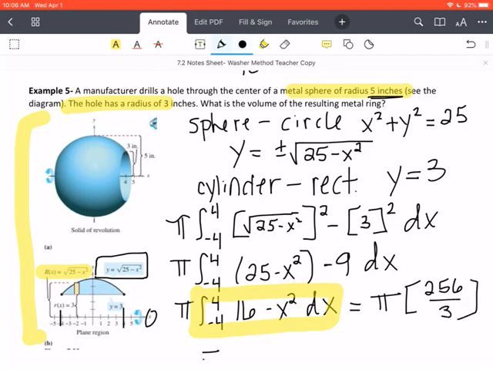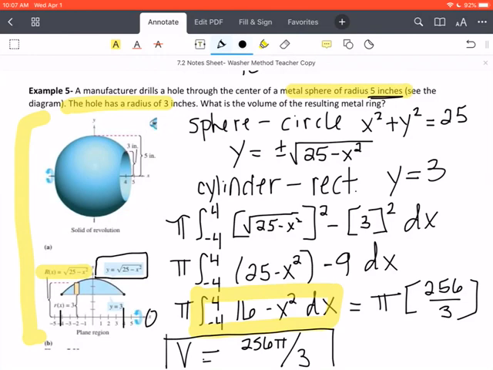So the volume is going to be 256 pi over 3, which is approximately, oops, I didn't do that approximation, so you can do that at your desk, but that is our answer. That is the volume of a sphere with a cylindrical hole cut through the middle.